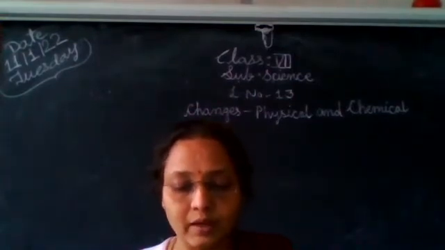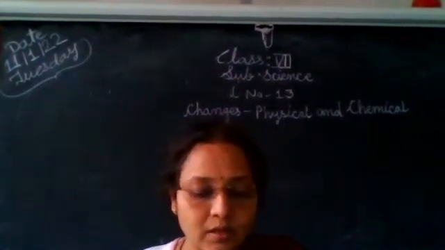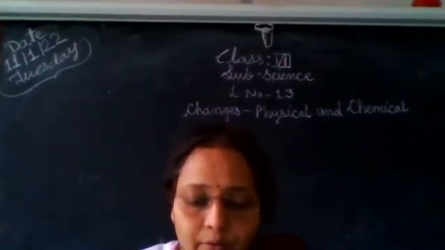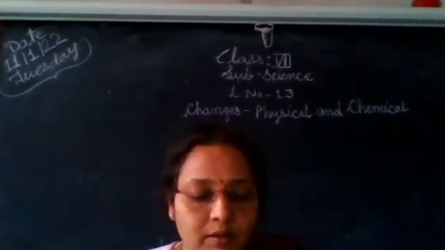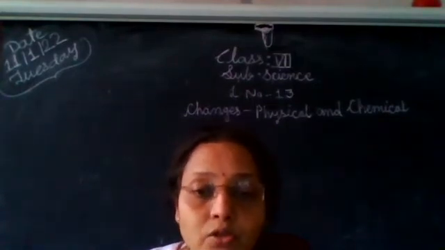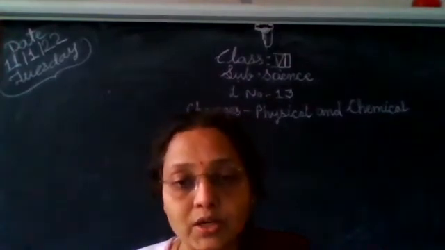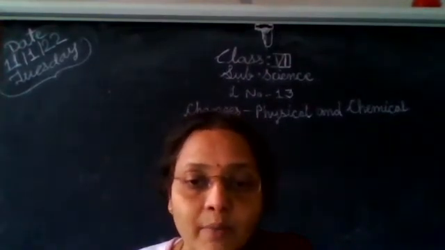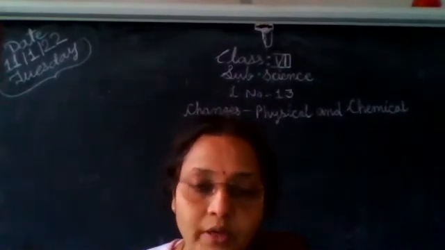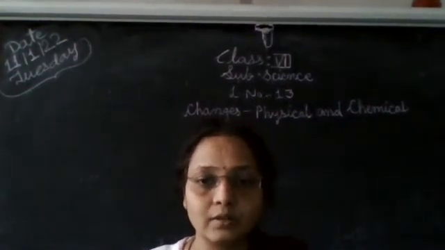Next topic: the process of formation of vapor from a liquid is called evaporation. You know what is meant by evaporation? When a liquid changes into its vapor, that is evaporation.